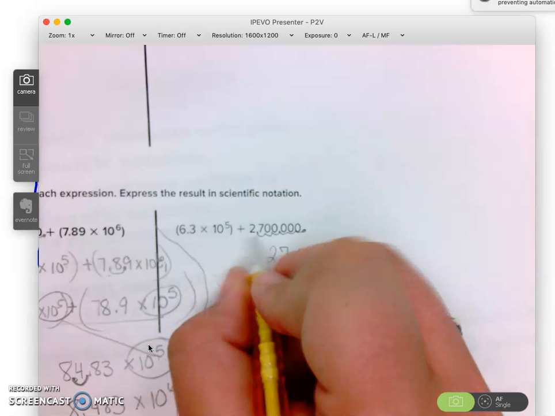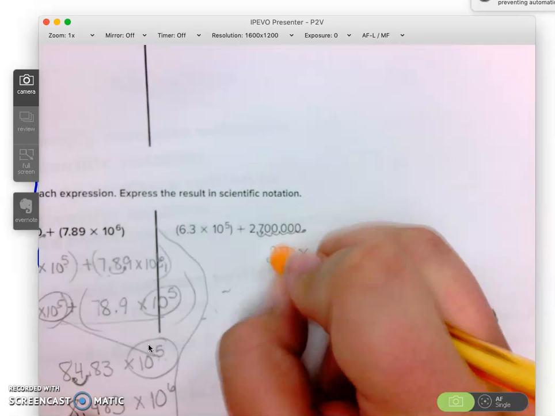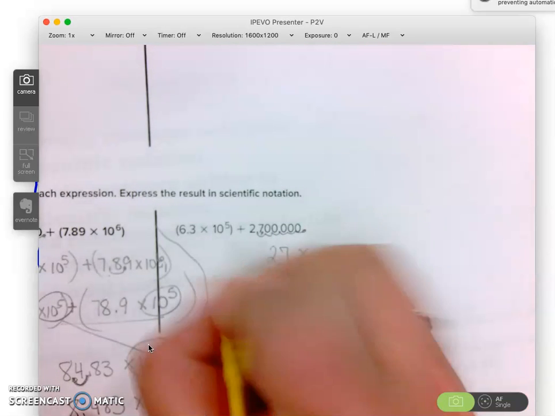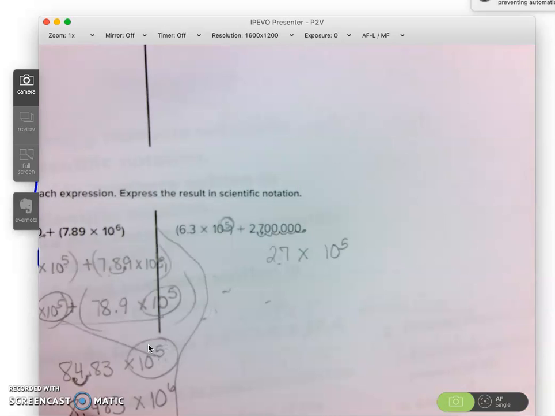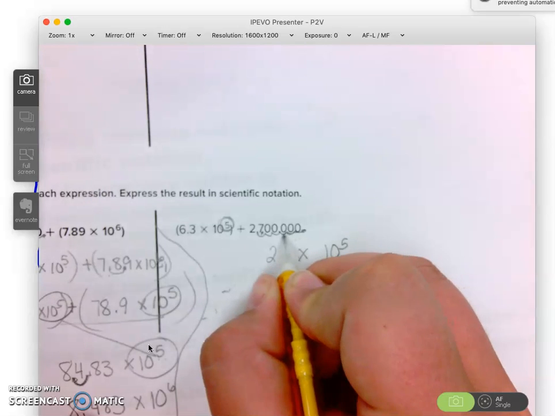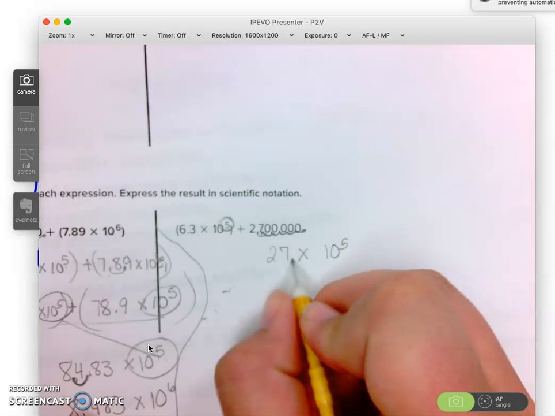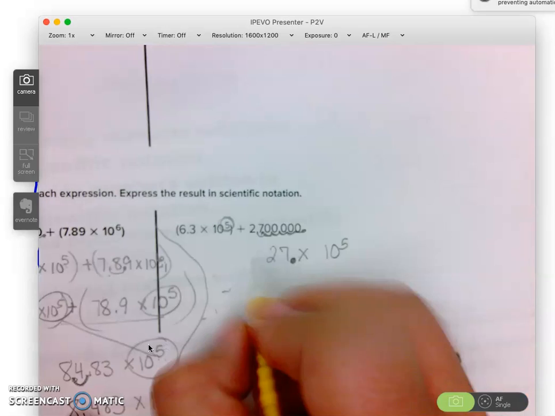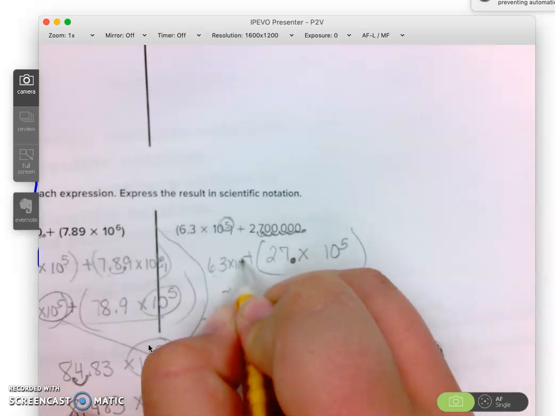So again, I only want to get it to 5 here. I want this to be to the 5th power. So I could do 1, 2, 3, 4, 5. And if I see, my decimal will be right after that 27. And I'm going to add it to 6.3 times 10 to the 5th.